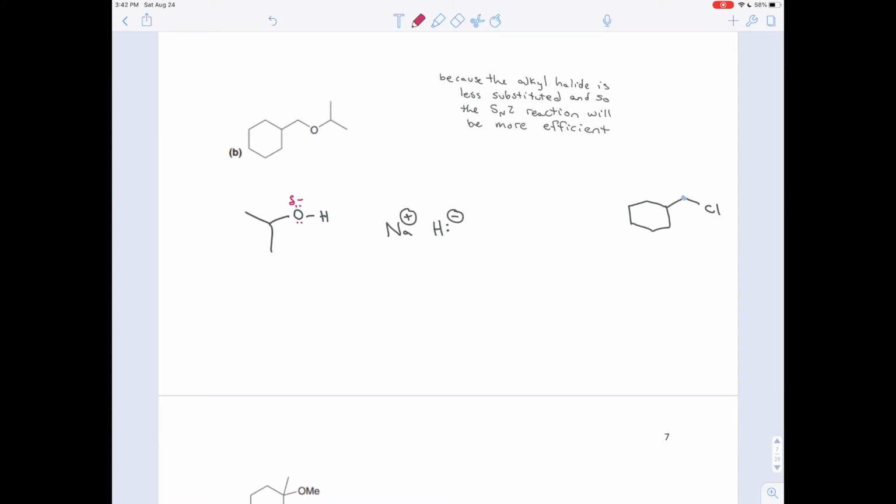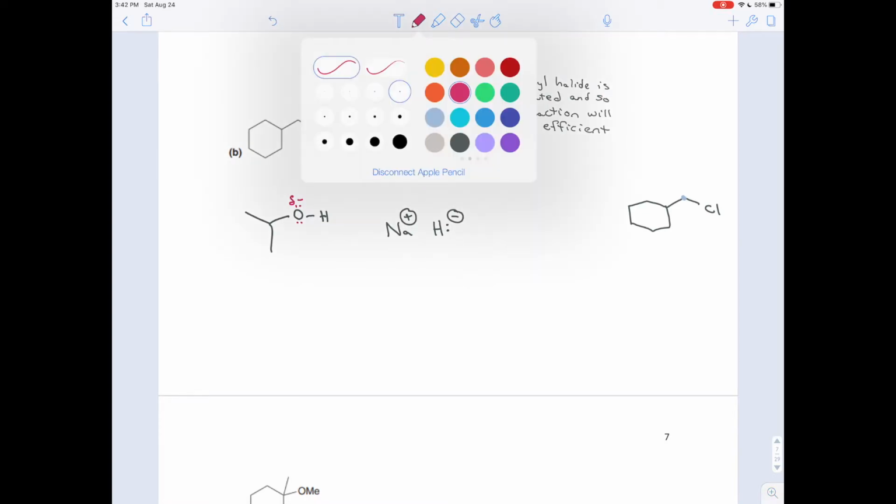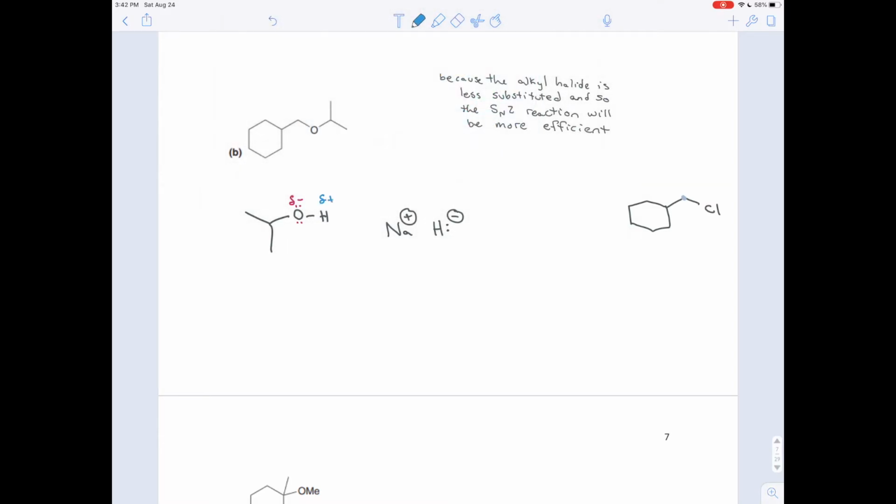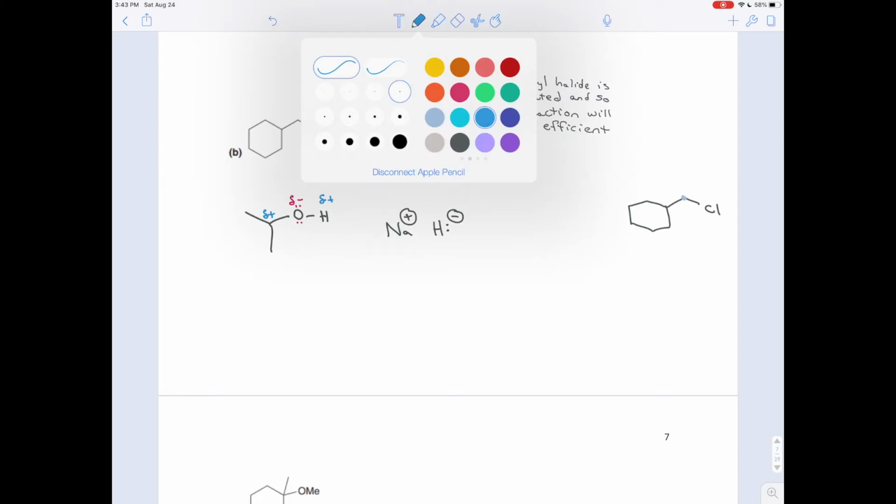So when you put this into a solution and these two part ways, this hydrogen is looking for some sort of a positive charge for it to steal. And there are positive charges on our molecule there, our alcohol. And the most vulnerable one is the hydrogen.